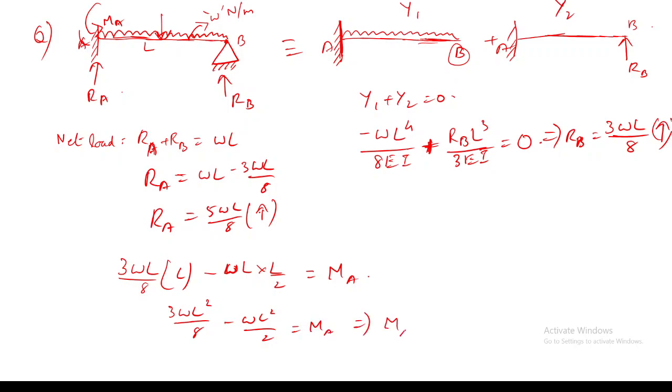And finally, what is the value of MA? Minus WL square by 8. And what does this minus signify? It signifies that it is in the opposite direction. So I can write minus WL square by 8, in the anti-clockwise direction.